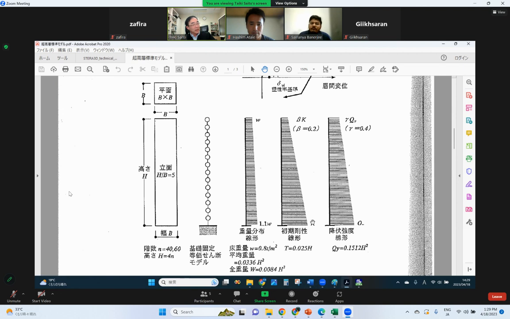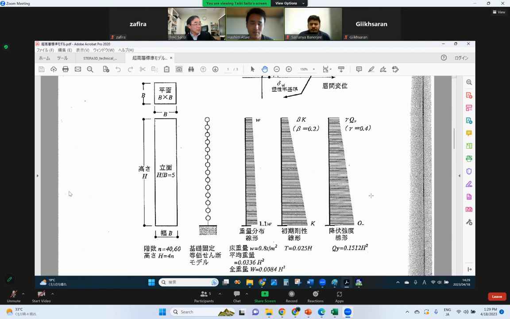So you adjust k so that the natural period is equal to this target value, where H is the height of the building.